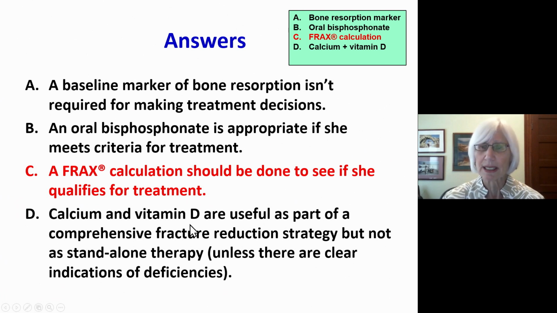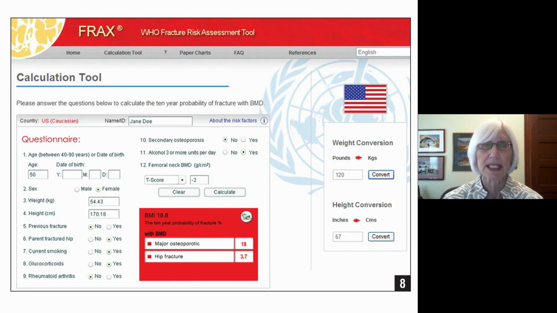And calcium and vitamin D are very useful as part of a comprehensive fracture reduction strategy, but not as any standalone therapy unless this is someone you know is deficient in calcium and vitamin D. And you don't know any of that yet, except from asking her about her diet. So the FRAX calculation should be done.